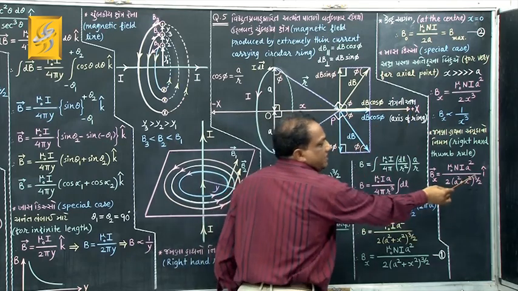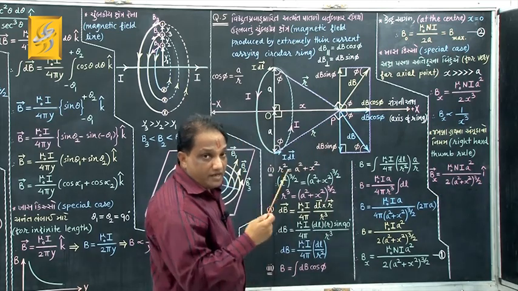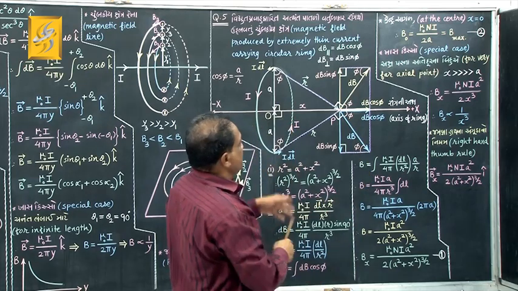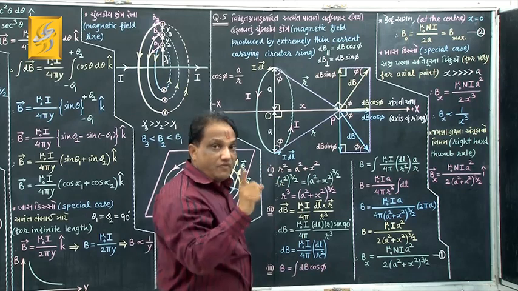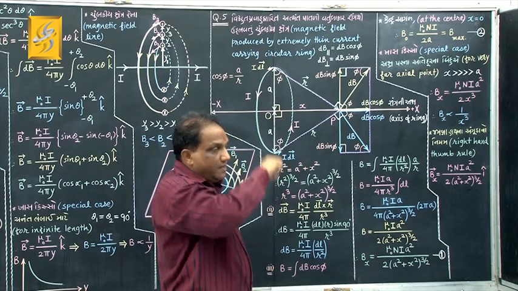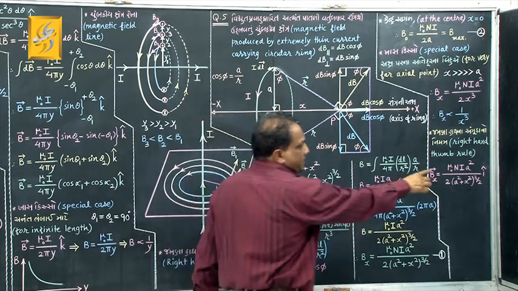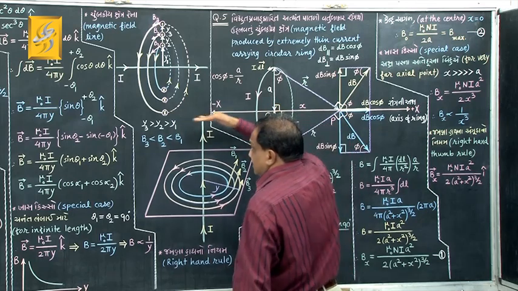That's why the unit vector is i hat, correct? But then, when is the direction of the magnetic field along the positive x-axis? Provided in this situation current is flowing through the ring this way. If you reverse the direction of current, if you allow it to flow the other way, then the direction of the magnetic field is also reversed. Instead of the positive x-axis, in that case the magnetic field will be obtained along the negative x-axis.